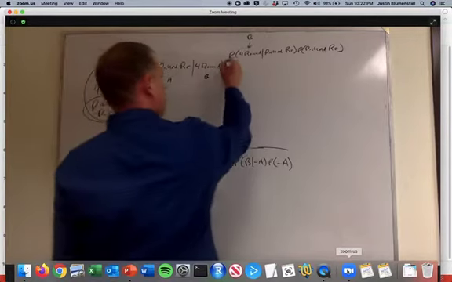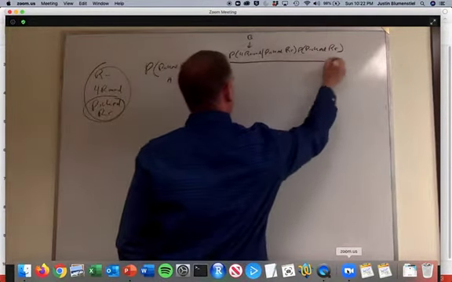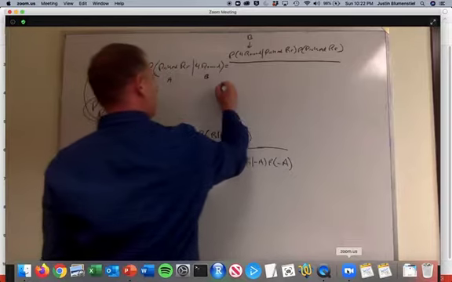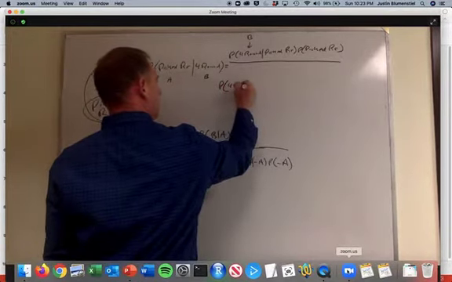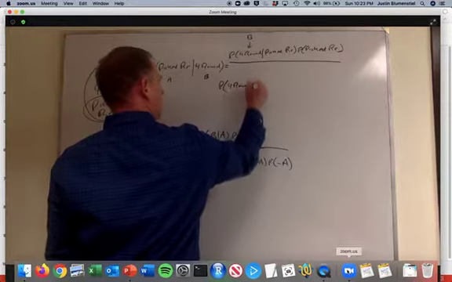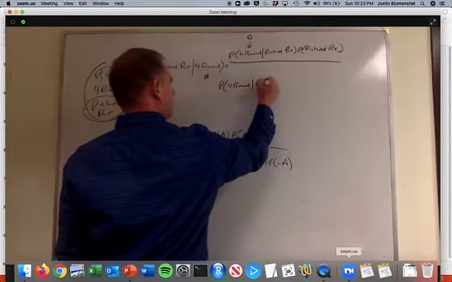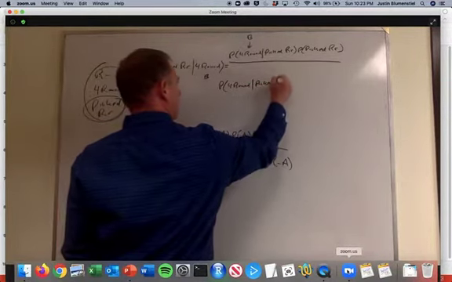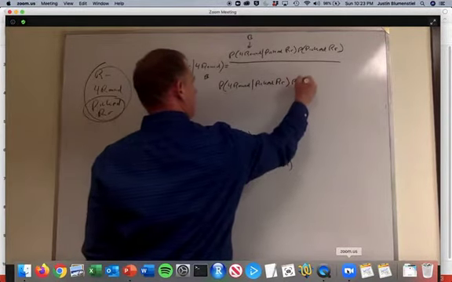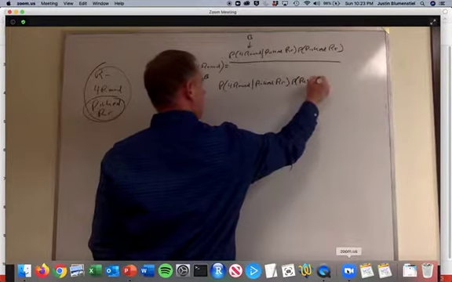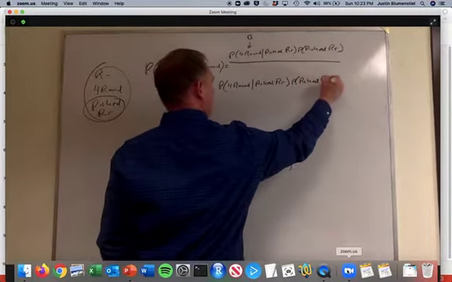And that's going to be all over, and then it's going to be the same. The probability that I obtained 4 round, given that I picked the big R, little r, times the probability that I in fact picked the big R, little r.